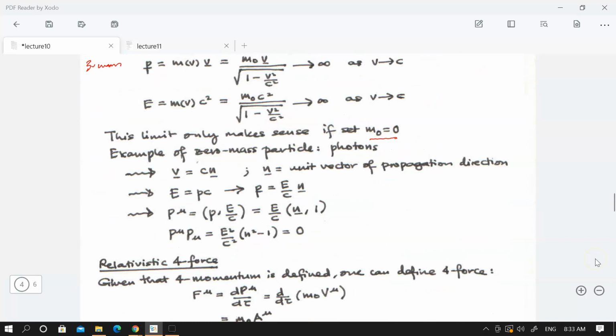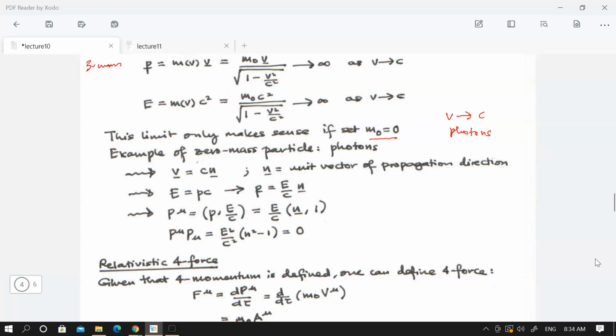So in the case of this zero rest mass particle, we essentially deduce the limit where v tends to c, and this is essentially describing your photons, or in other words, whatever this particle is behaving like photons.